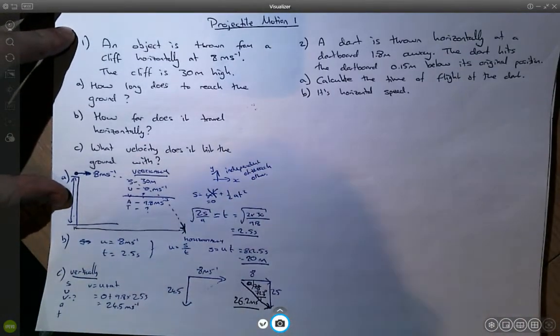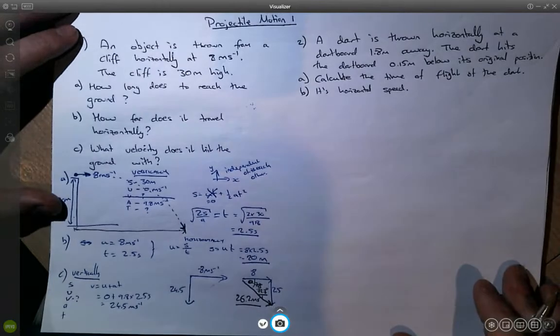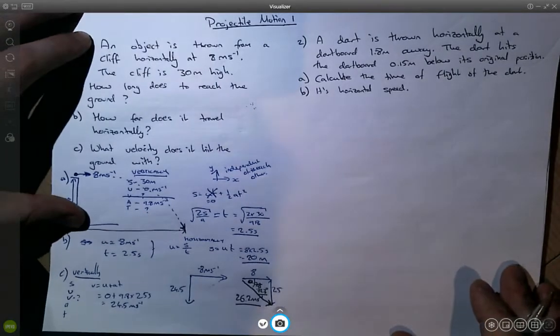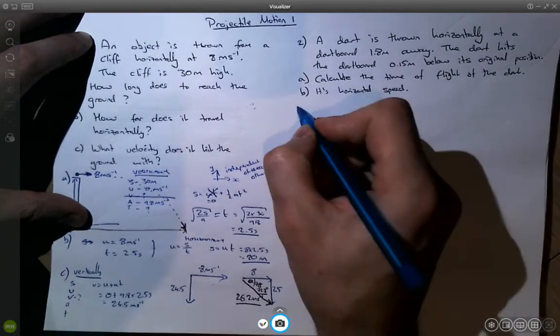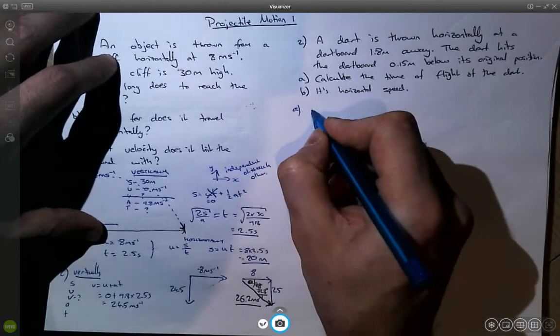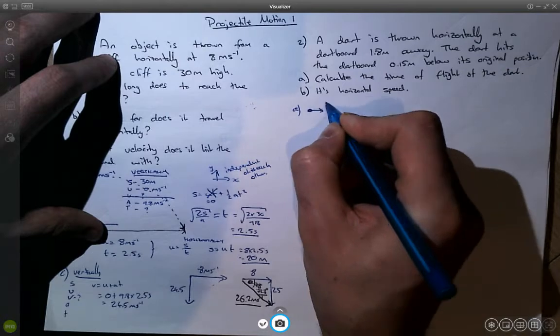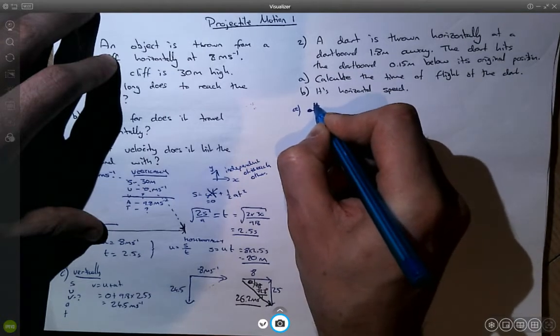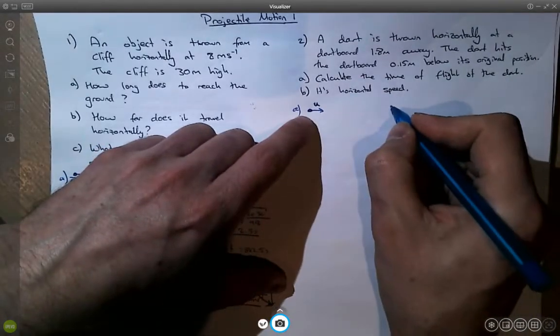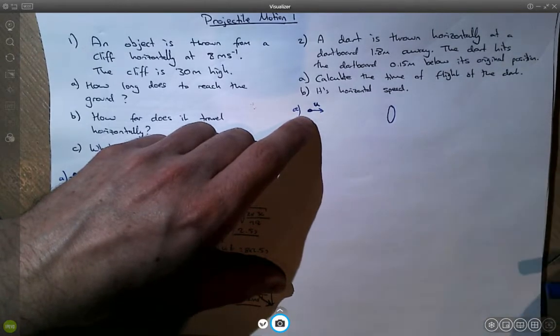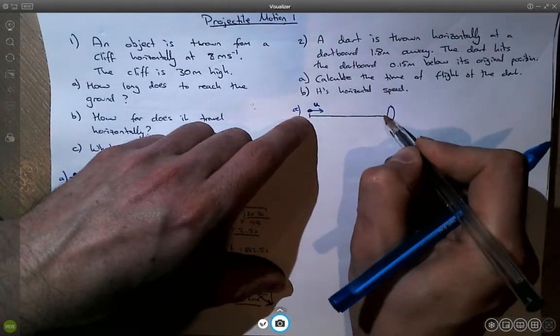Question 2 is here. Pause the video now and try this question. As usual, a quick sketch of the diagram will help. So we've got our dart, which is traveling at some velocity u, and it's going to hit a dartboard that is 1.8 meters away.